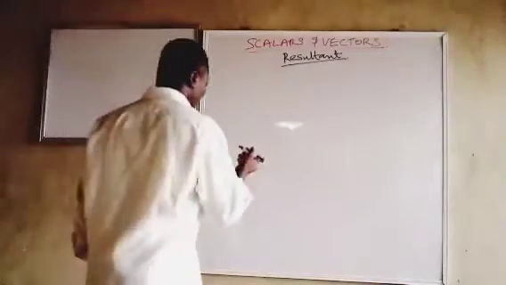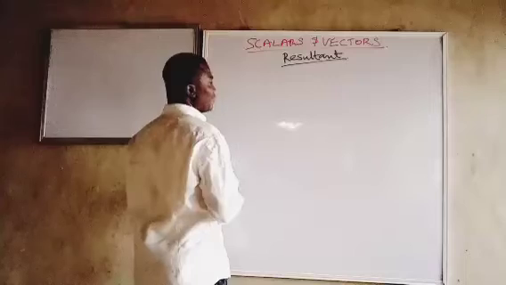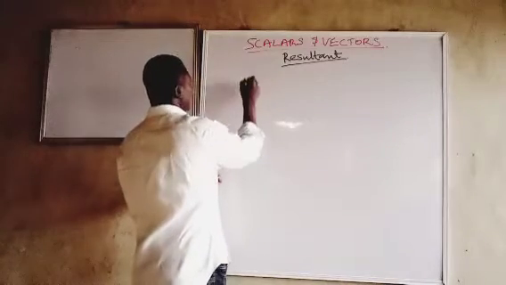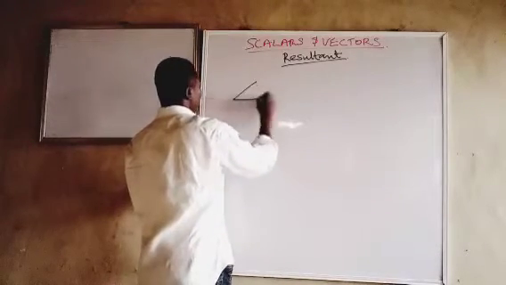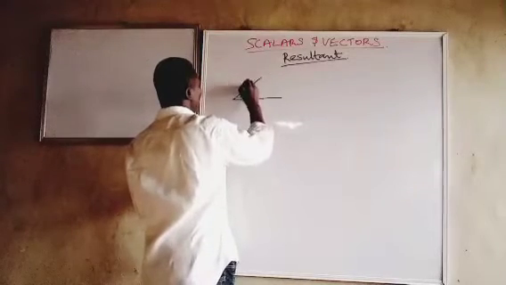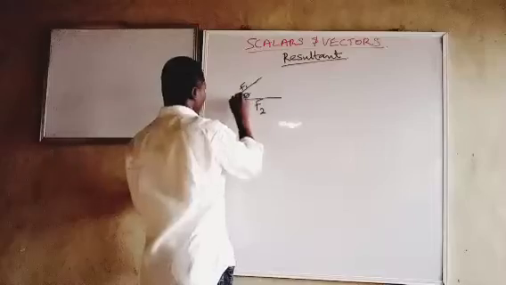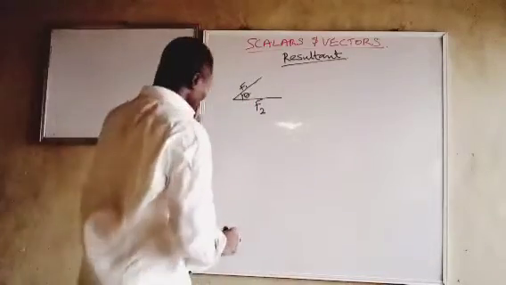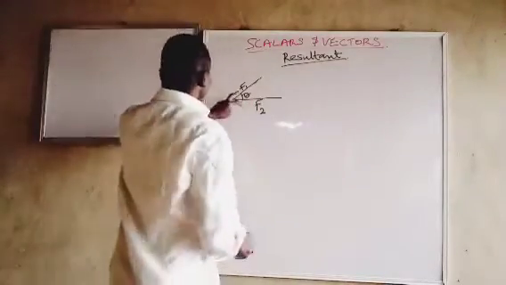Now, what do we mean? Let's look at if we have two forces acting at, let's say, this is theta, this is F1, F2. Now, I want to add these two forces.